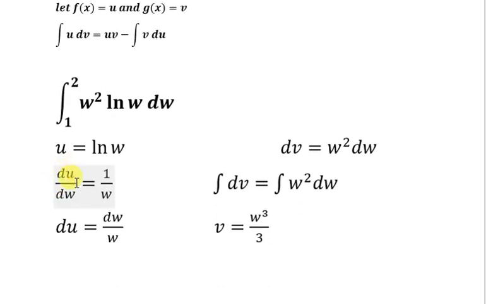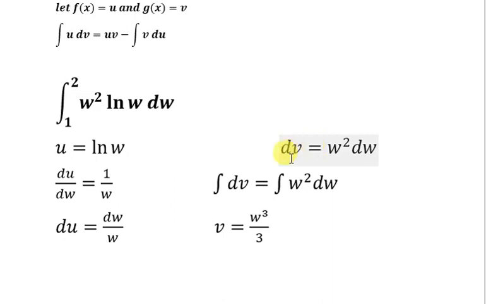So we say du over dw is equal to 1 over w. In our previous video, we stated that a function of this form is differentiated to get this. So making du the subject, we end up with du equals dw over w, which is 1 over w times dw.